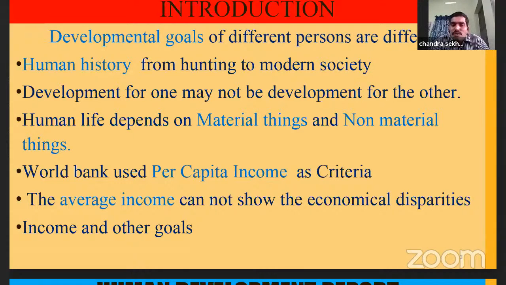Human beings need non-material things also, like safety, security, respect from others, and freedom in society. With all these non-material things, we can lead our life happily with full satisfaction. Even though we have money in our pocket, sometimes we can't live happily. So to lead a successful and happy life, and to maintain good relations in society, we need all these non-material things. With the help of non-material things only, we can live happily.